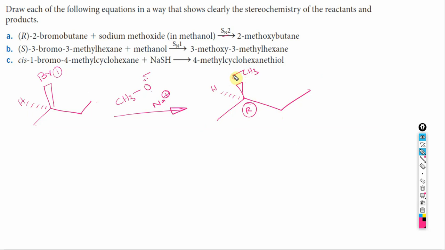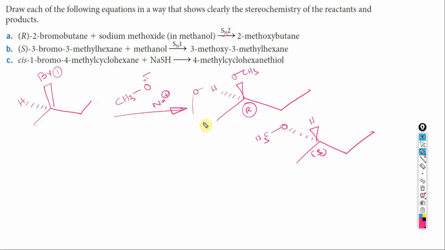Therefore I'm going to simply switch the OCH3 and the hydrogen here, and therefore the right answer for this problem is going to be OCH3, that. So this will be 1, 2 and 3 with the fourth priority group pointed towards you, and therefore this is going to be an S center.